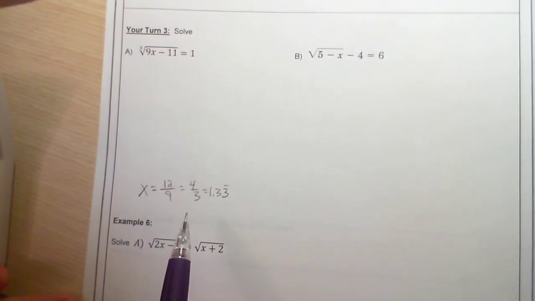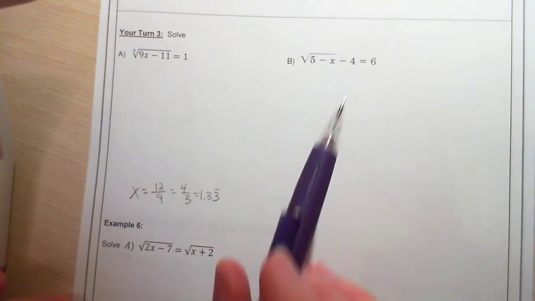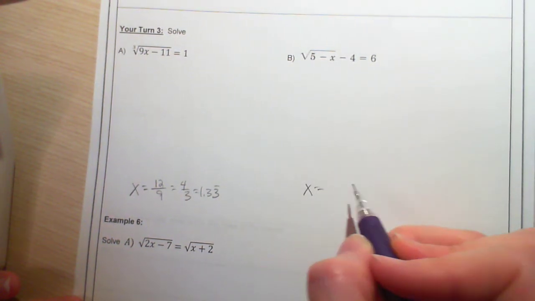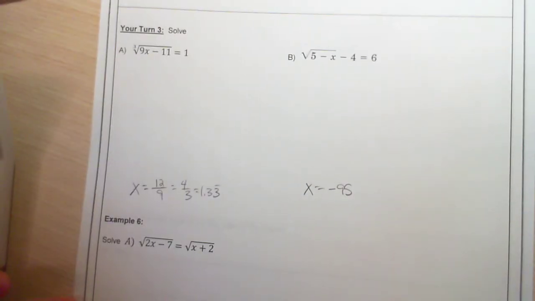So when you solve that, that is what you should get. And this one, you're going to get x equals -95. Okay? So try those, see if that's what you get.